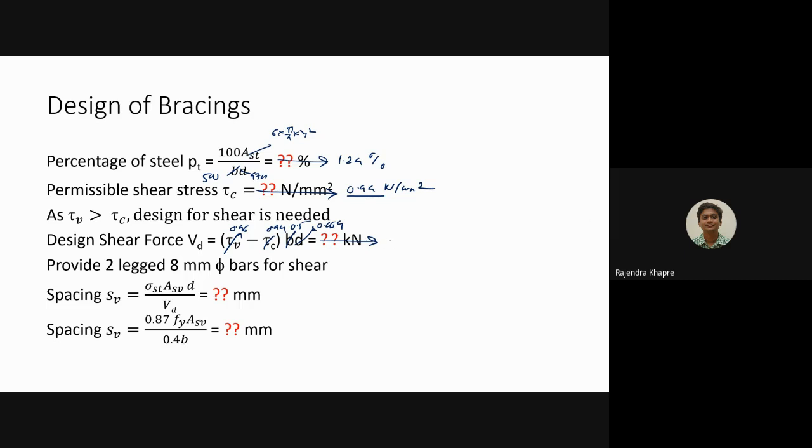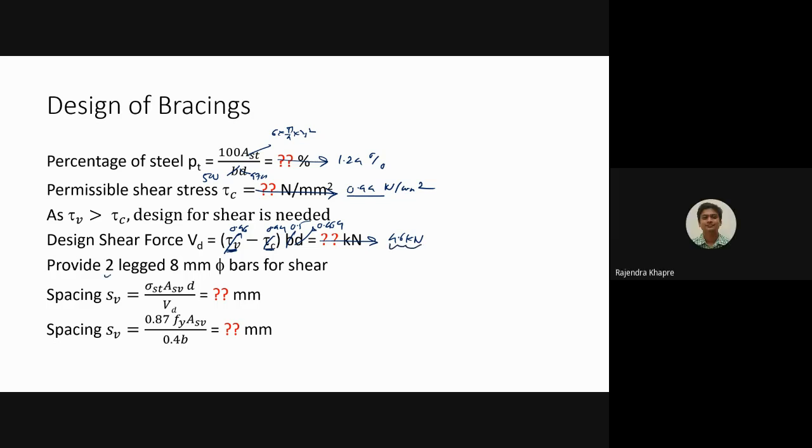Its value is how much? 4 kilonewton. The value comes in kilonewton, beta. 4.64 into 10 raised to power minus 3. No, this is in newton per mm square, and this is also newton per mm square. So you have to take 500 and 464, then it will come in newtons, and then convert, it is still about 4 kilonewton. Yes sir, 4 kilonewton, 4.64. Okay, so anyway it's a very small value.